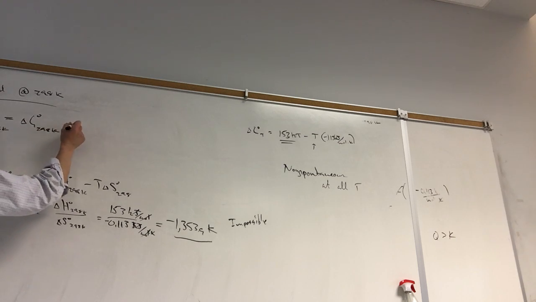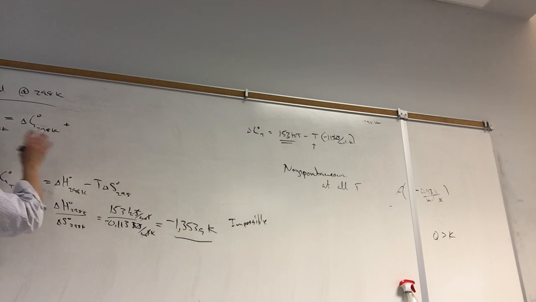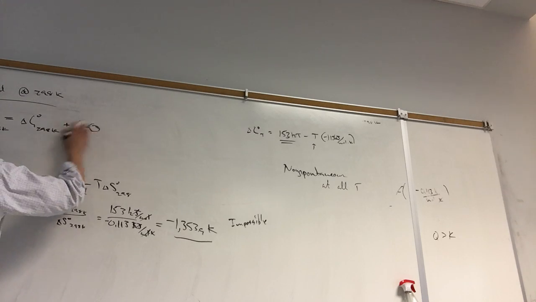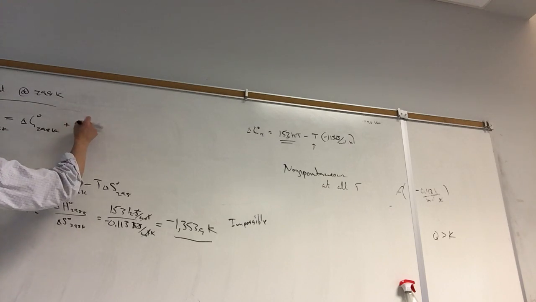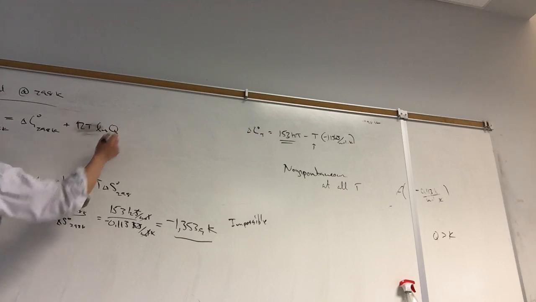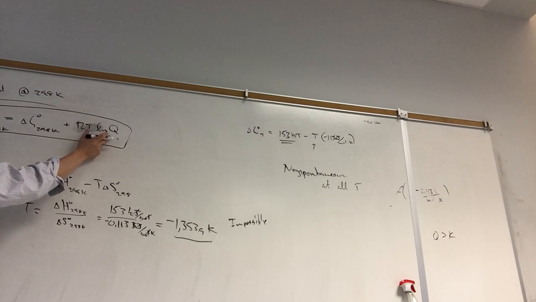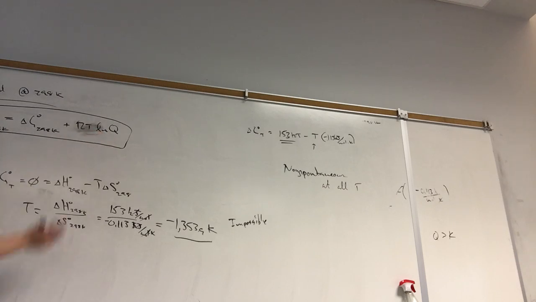You can see how the correction is derived by looking at how temperature impacts certain things, but this is just the given equation for non-standard conditions. We'll take the standard and then correct it by RT ln Q.